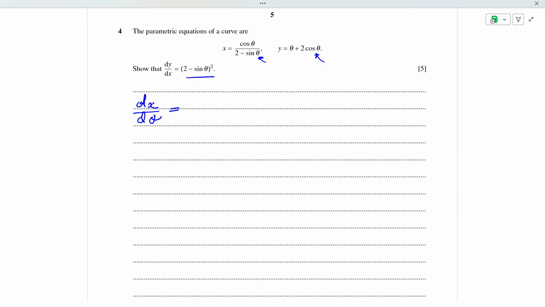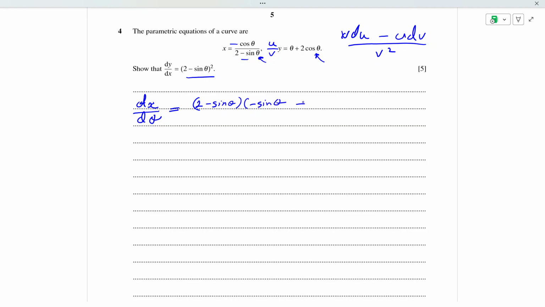So what you want to do here, you have to use the product rule. In this case, it is the quotient rule, which has the formula (v du minus u dv) over v squared. I'm sure you should know this by now. So you're saying u over v. Okay, so this is v, this is u. So you take the v, which is 2 minus sine theta, multiplied by the derivative of u, the derivative of cos theta in this case, which is negative sine theta.